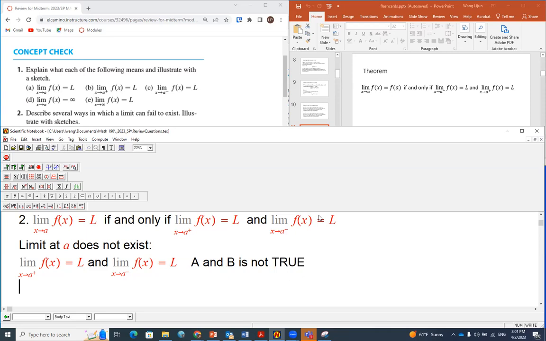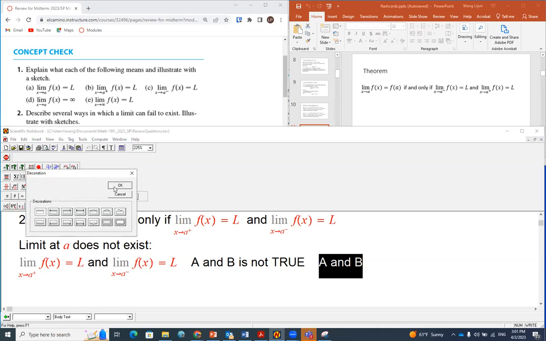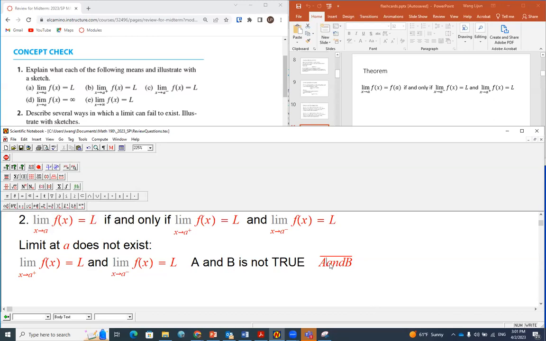The opposite of it. We understand logically if A and B, the not of it, the opposite of it, A and B. I'm teaching you a bit of logic. Well, look at this table.